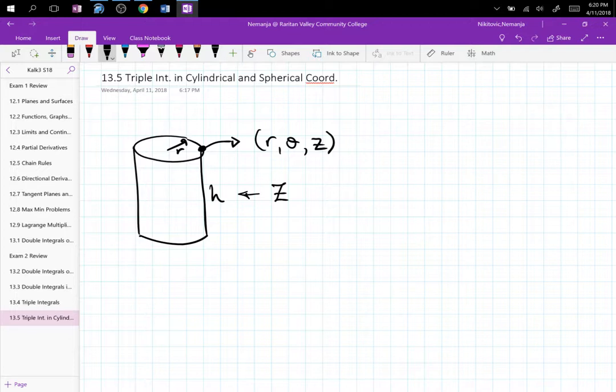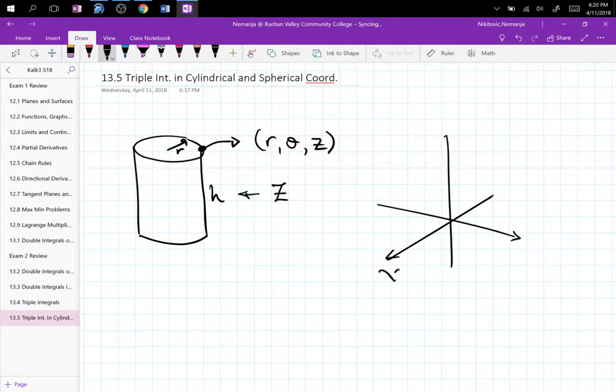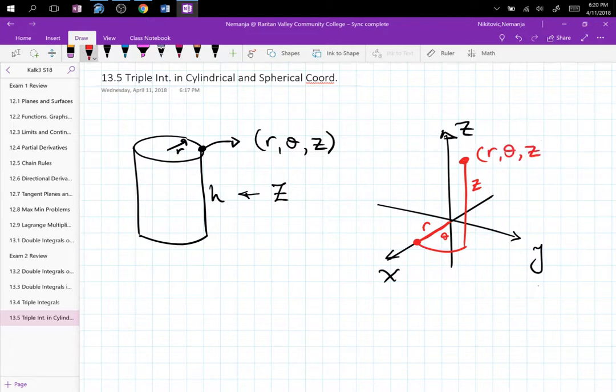So if I am in some kind of 3D environment, x, y, z, I can locate a point by going out r units, swinging that for theta angle, and then going straight up z units to give me a point that is r, theta, z.